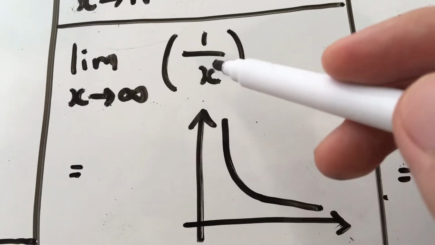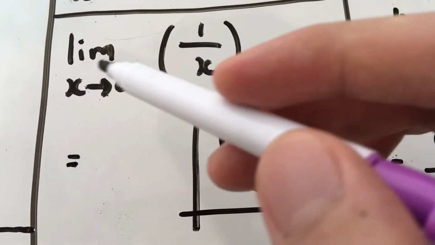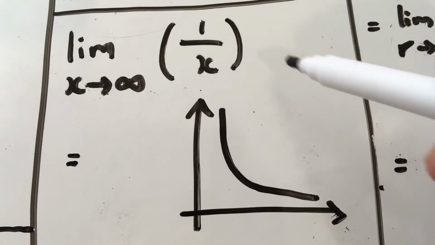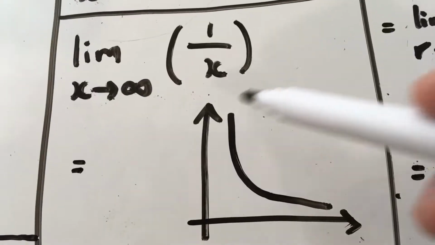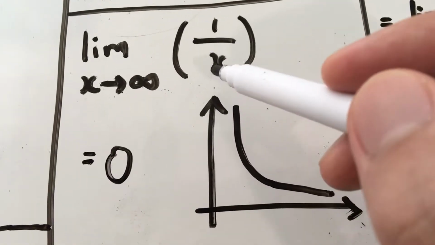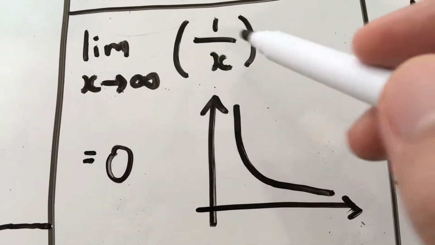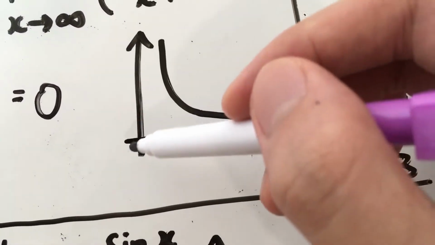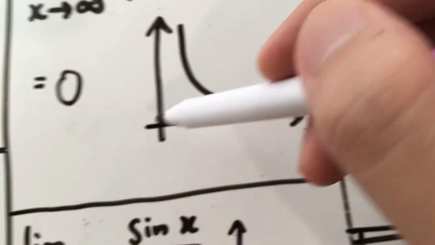So whenever your x is at the bottom, it's a denominator, right? As x approaches infinity, logically, if you divide by something really, really big, you get something really, really small. So we approximate that as 0. So whenever your x is at the bottom and it's infinity, the limit is 0, okay? So this one will keep going, very close to y equals 0.